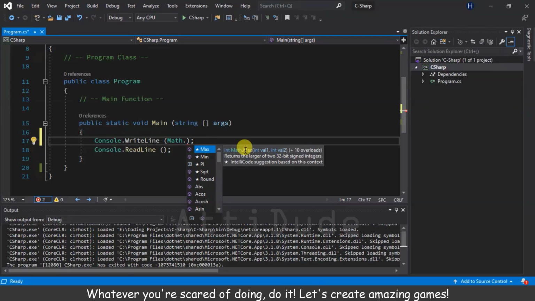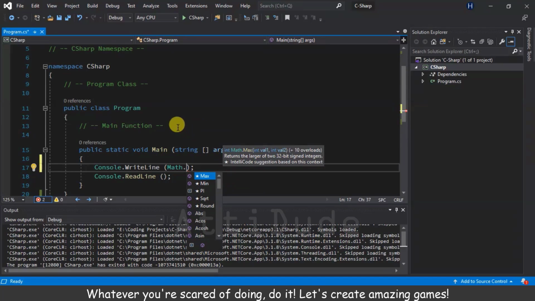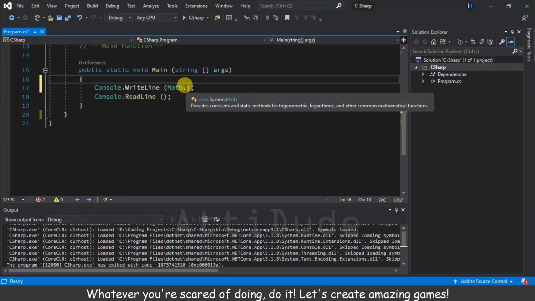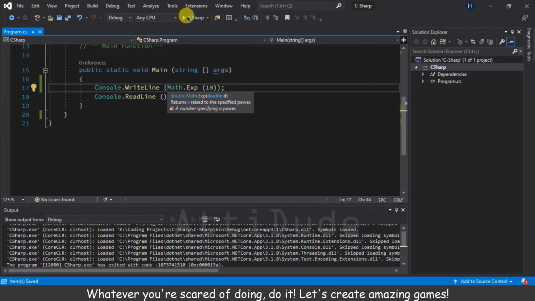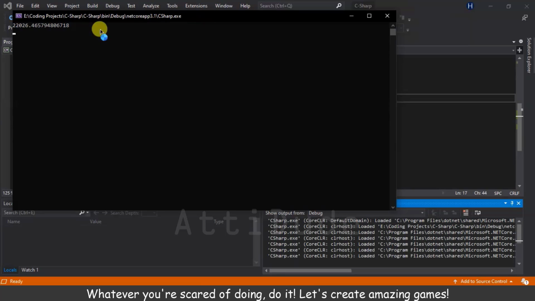Now the next feature that we're gonna explore will be exponent or power. And we can basically write math.exp, and we can just write some variable like 10. Then if we hit play, we get this.